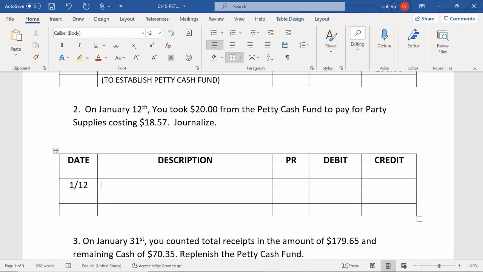Party supplies and petty cash, no? No, you never touched the petty cash drawer. So in this case, how am I going to journalize this? Would it be party supplies and checking? No.